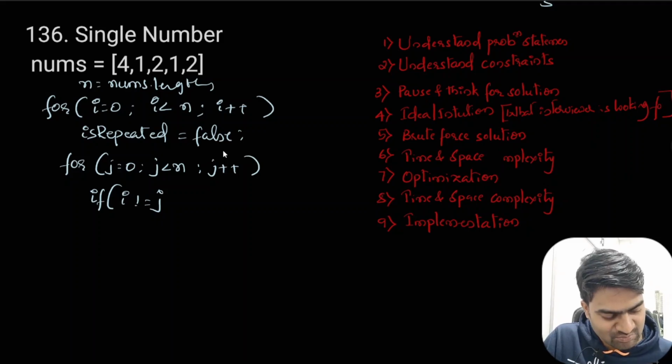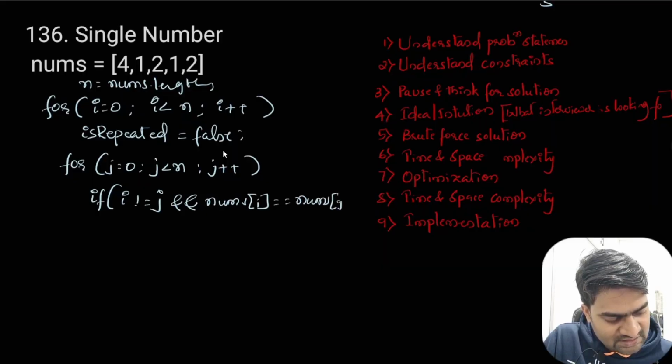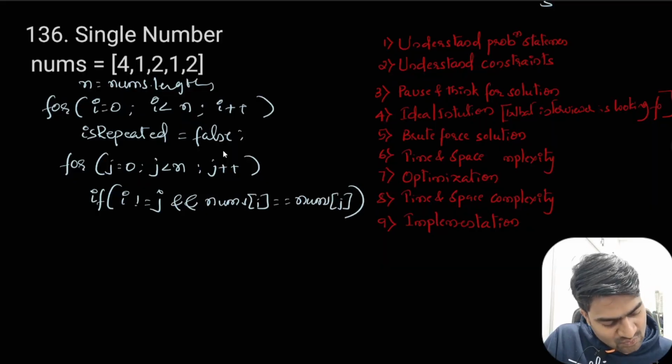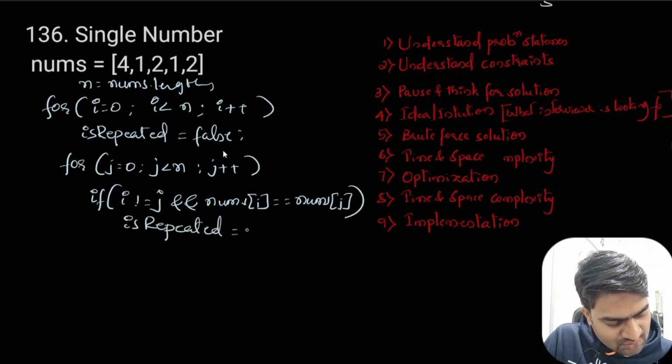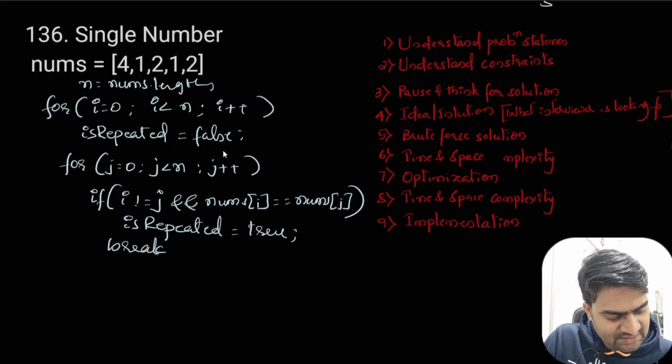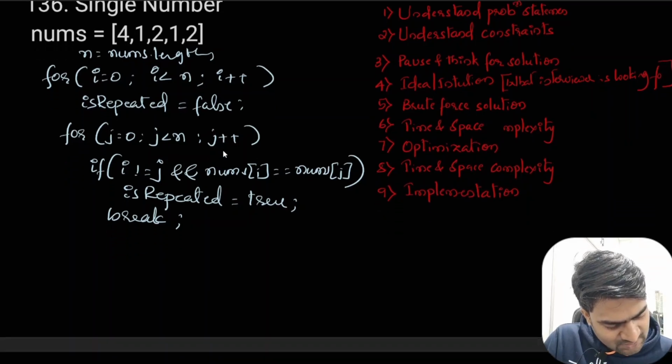We should leave that number. So i should not be equal to j and nums of i, if it is equal to nums of j, then I will say repeated equal to true, and I'll break the second for loop. Why? Because there is no need to continue once you found the second element. So I will break.